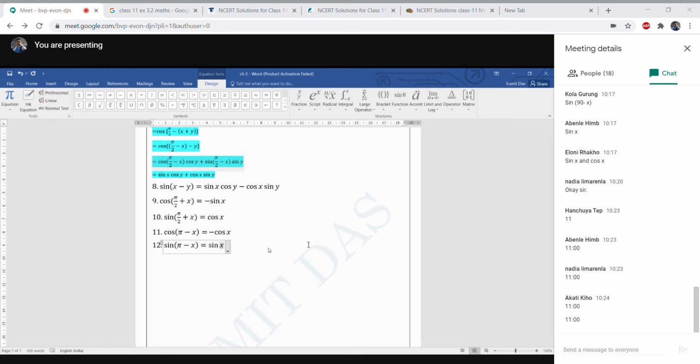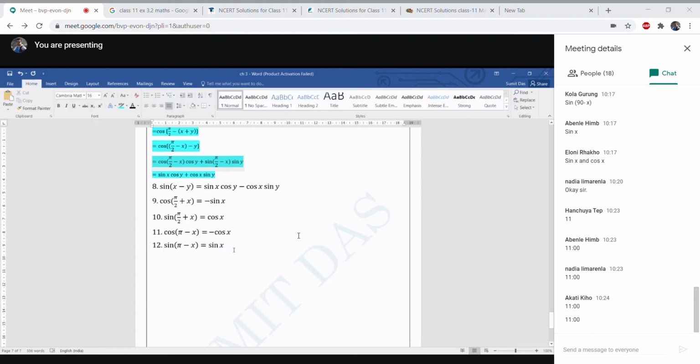Why sine x? Because it is the second quadrant, sine is positive. Some other formulas are also there, but that is not very important. I'm writing like this.